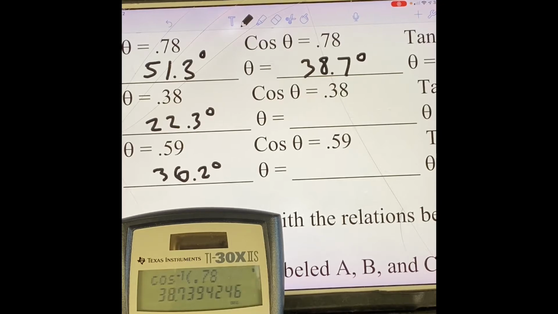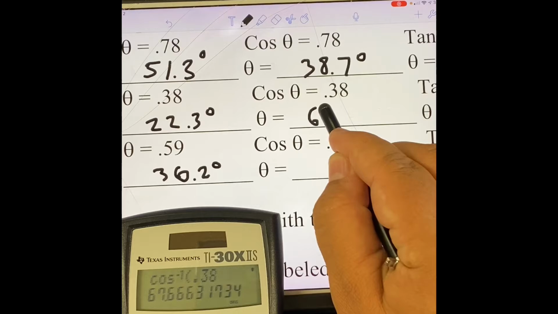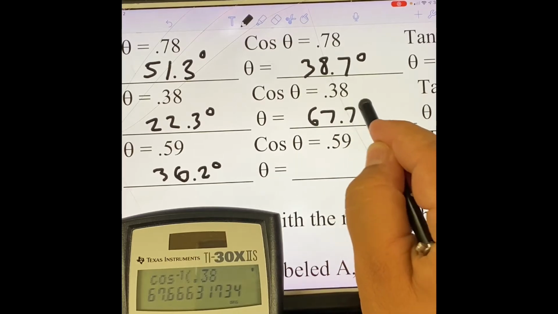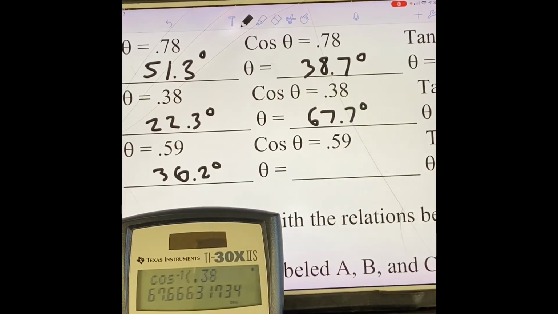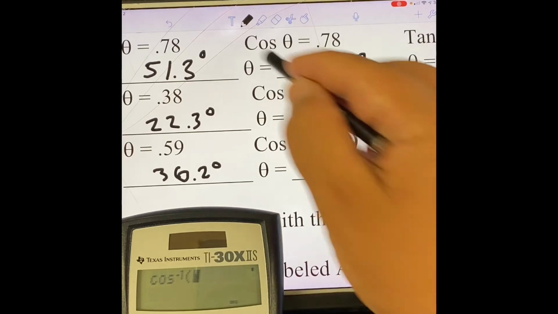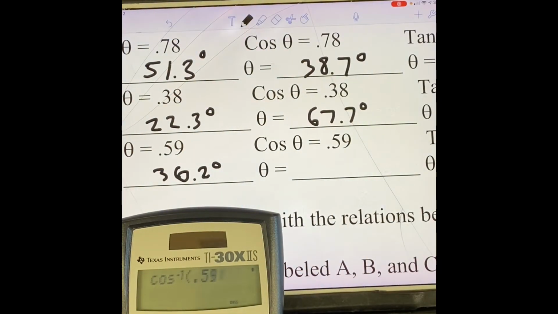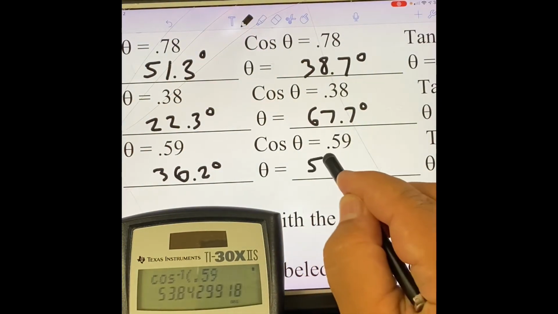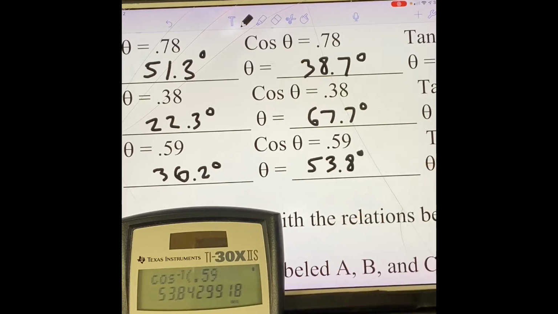We're working backwards. Next part, we're going to go arc cosine of 0.38. And we get 67.7 degrees. And in the last one, we're going to go arc cosine of 0.59. And we get 53.8 degrees.